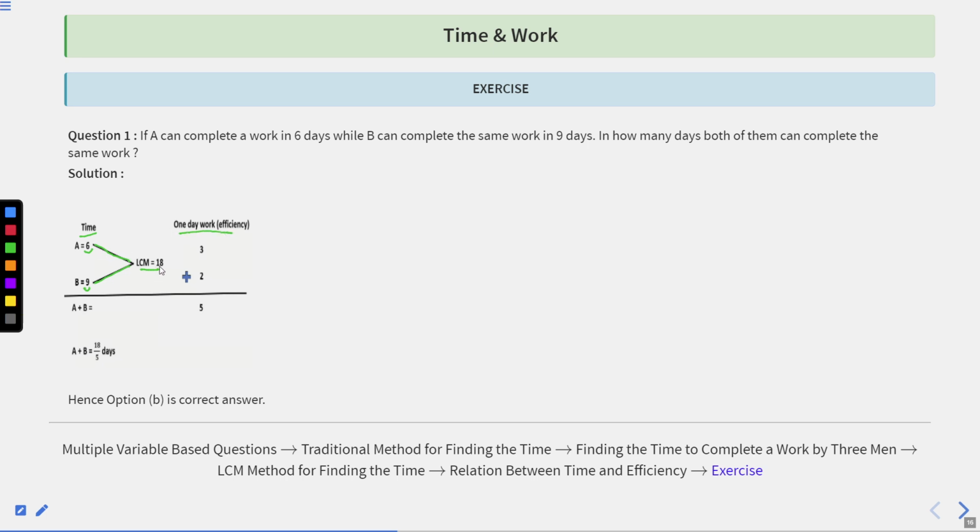Divide 18 by 6, you will get 3, and divide 18 by 9, you will get 2. So the total 1 day work efficiency of A and B is equal to 5. So the final answer will be 18 upon 5 days, that is LCM upon 1 day work efficiency of both of them. So the correct option here is option B.